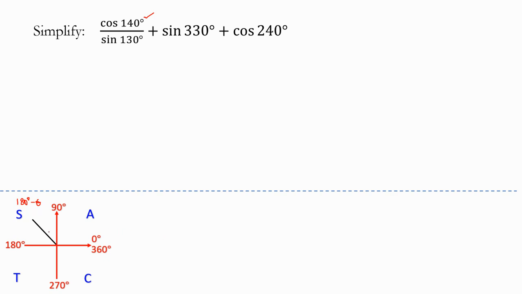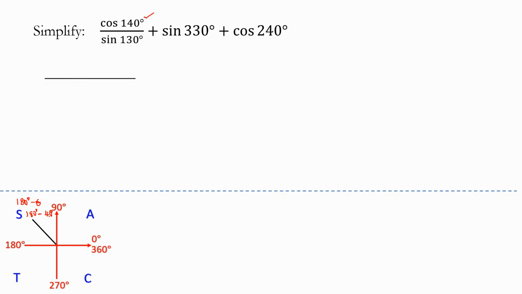So for 140 degrees, we say 180 degrees minus what? We want to get 140 degrees, so it should be minus 40 degrees. Do you see that? So it's 180 degrees minus 40 degrees, and it is in the second quadrant.